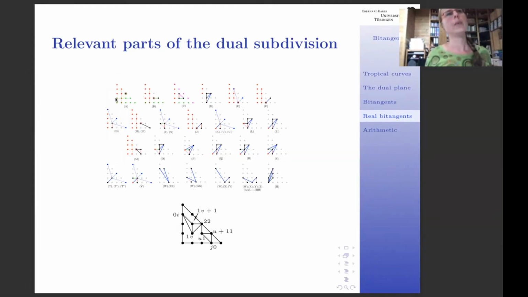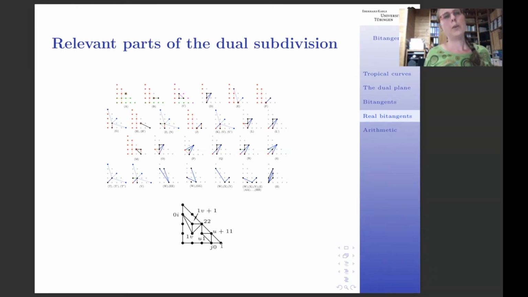If you're interested in details like this, then it's probably a good idea to use the time after the talk to discuss it. For the moment, let me just say this is a case like A, where I'm also explaining the notation of the points that I'm using here. This is something that is actually for everyone.